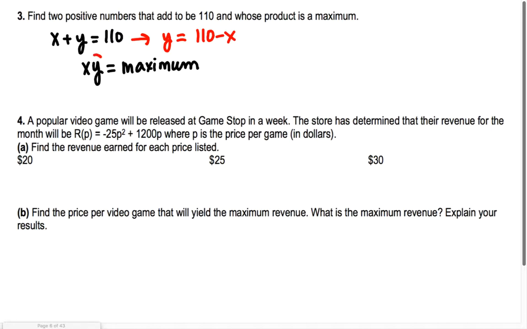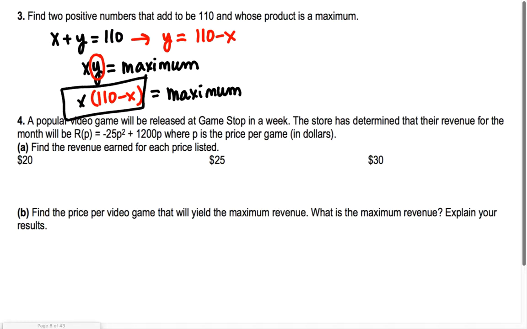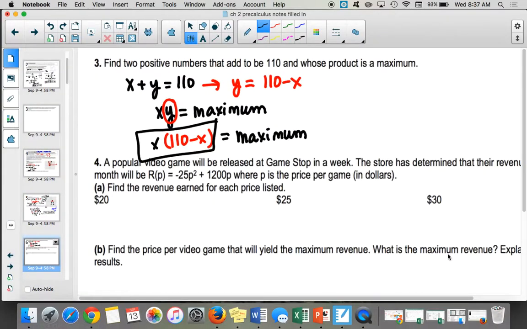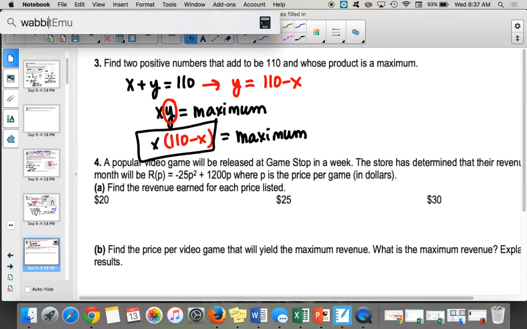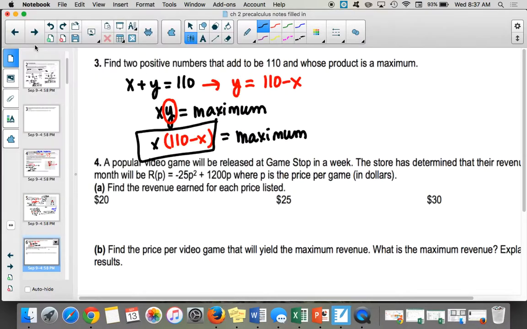Then we go into our second equation, and we replace our y with 110 minus x. So we have x times 110 minus x equals the maximum. That's what we're going to graph. So we're graphing this for y1, x times 110 minus x. So go into your calculator.